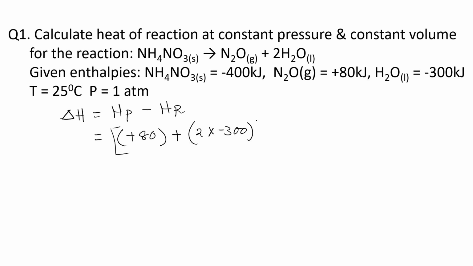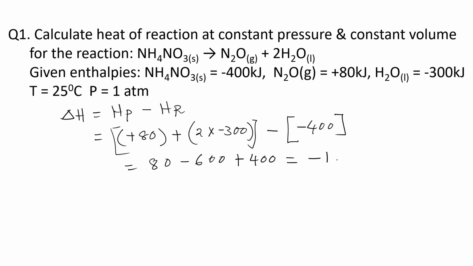This is the enthalpy of products, minus the enthalpy of the reactant. The reactant is ammonium nitrate. What is that enthalpy? That enthalpy is minus 400. All these are given in kilojoules, right? So now we'll calculate it. This is 80 minus 600 plus 400. That means minus 200 plus 80.